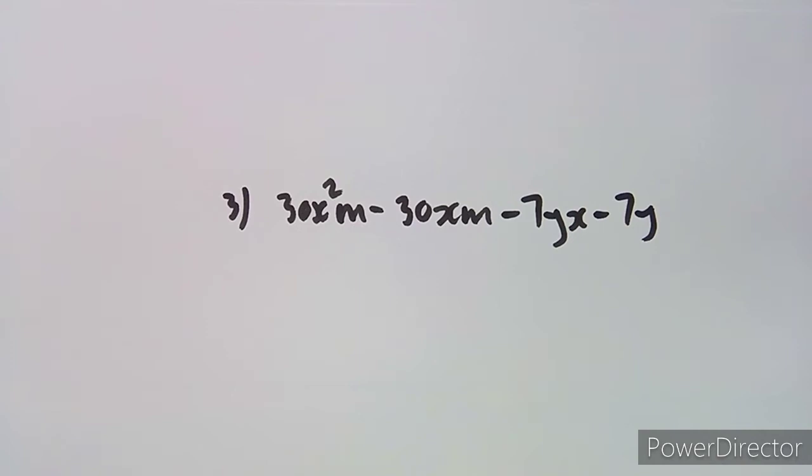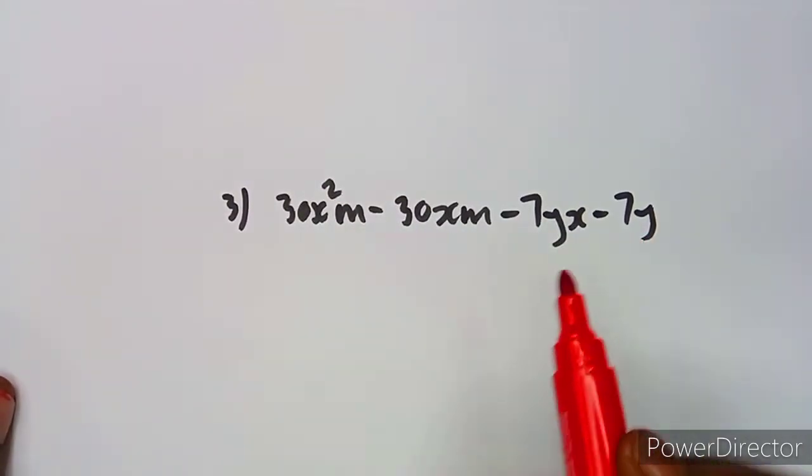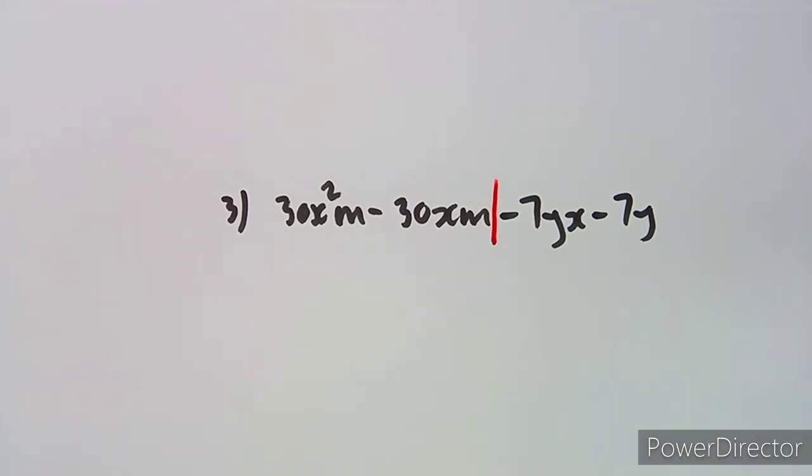So by grouping, guys, we are just going to divide into 2, provided that there's something that is common. As you can see here, we've got common terms, so you can actually group into 2. Alright, so what is common for the first 2 terms?